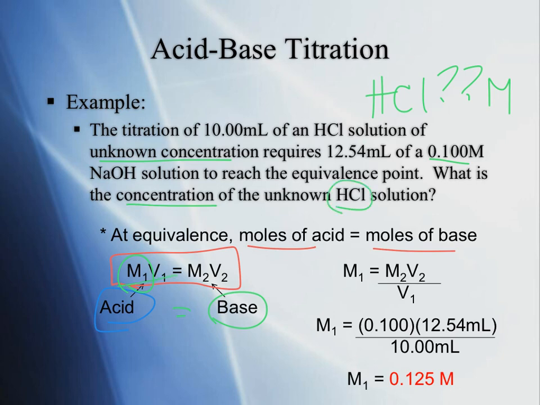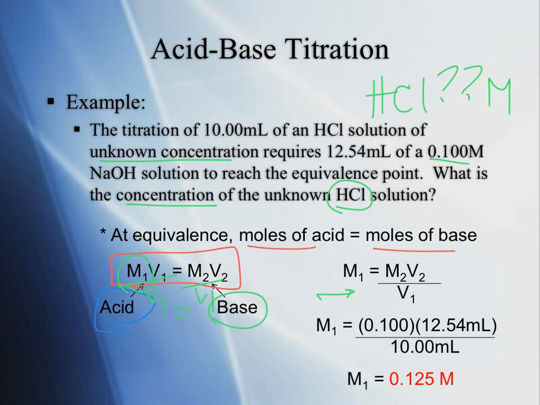So dividing both sides by V1, like I did here, we plug all that information in. The molarity of our base is 0.1. The volume of the base that we used is 12.5 milliliters. The milliliters of acid that we had in the beginning was 10 milliliters.